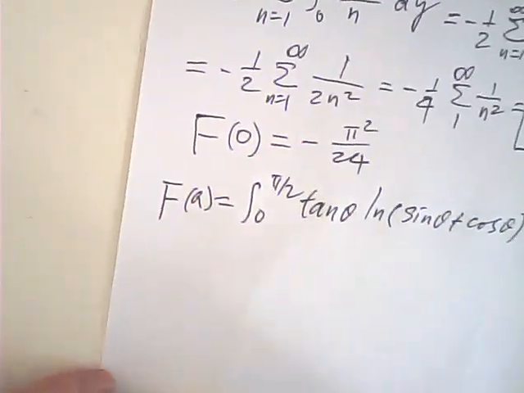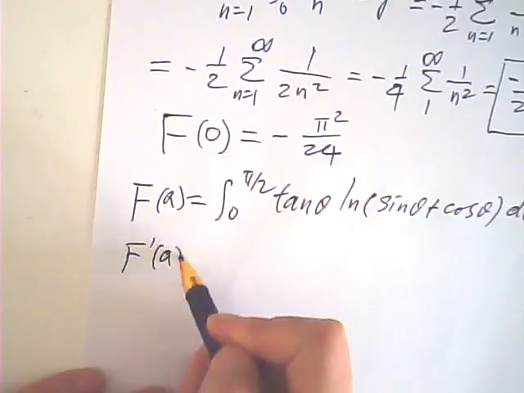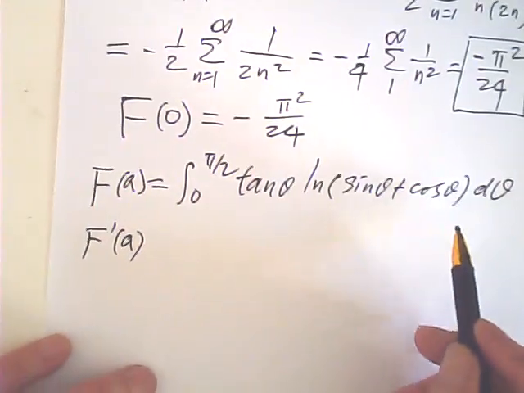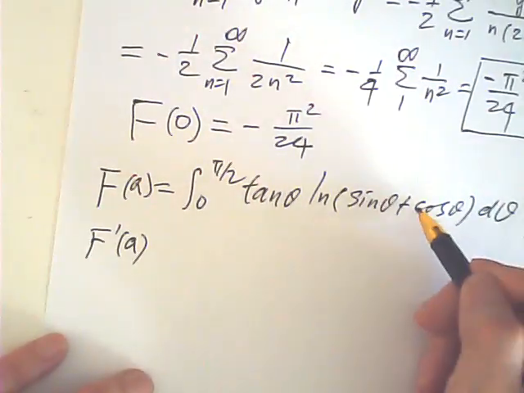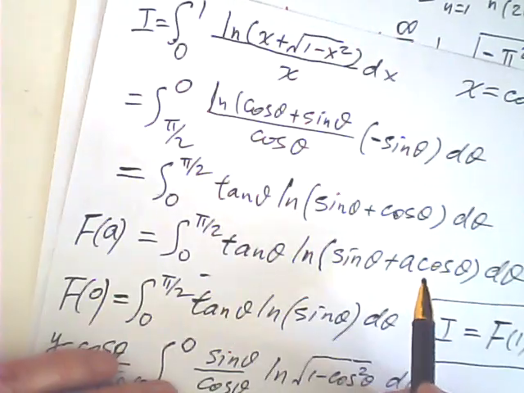Okay, so my f prime of a is a partial derivative with respect to a, this a here.